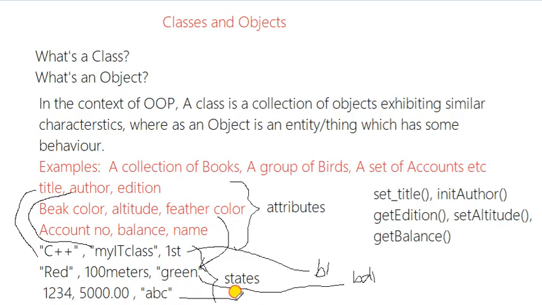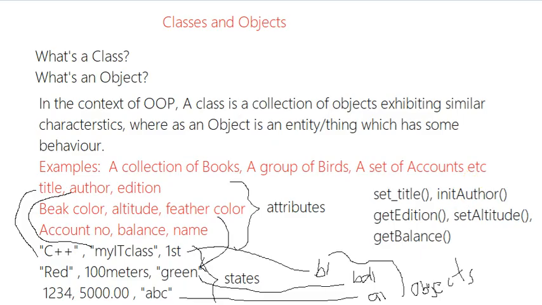And this is an account, so I call it A1. So these are objects. Objects have states. The class has attributes, objects have states.